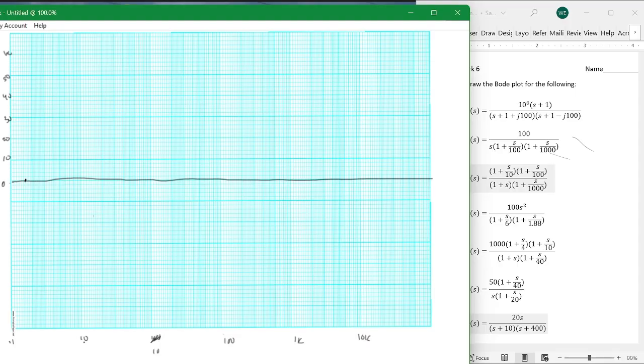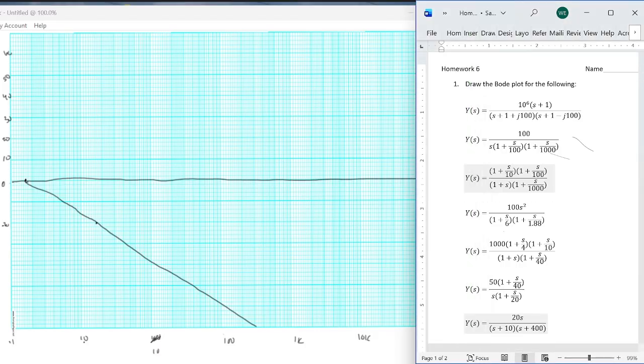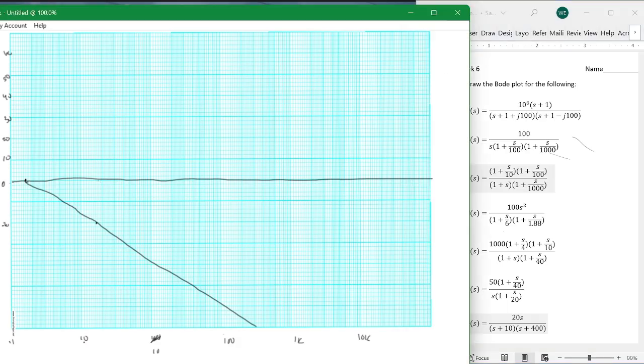So now you've got to find 1.6, which is about right there, and you're down 20. You got to draw a line. And that is that number right there. Now, the 1.88, that's right about there. Same thing. Okay, so 0.166, 1.8.